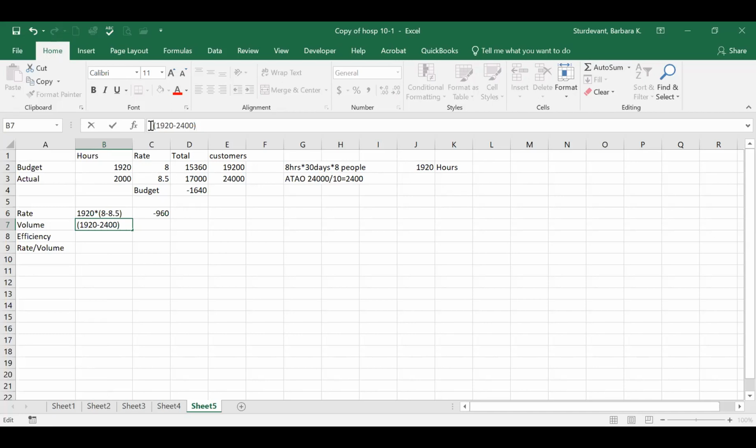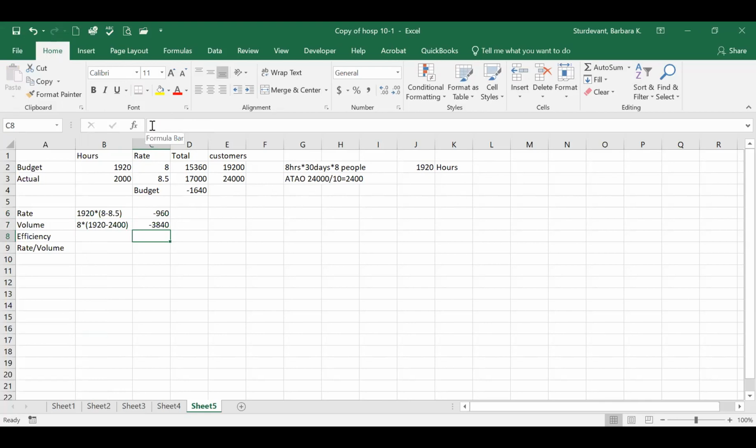And then we're going to multiply that by the budgeted rate. Okay, so that one comes out negative also.